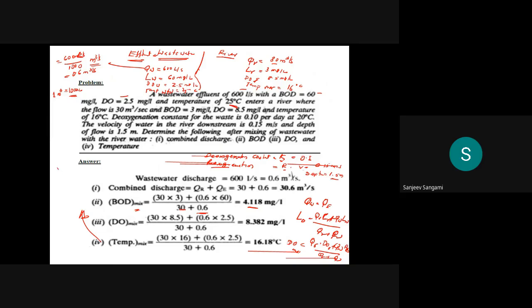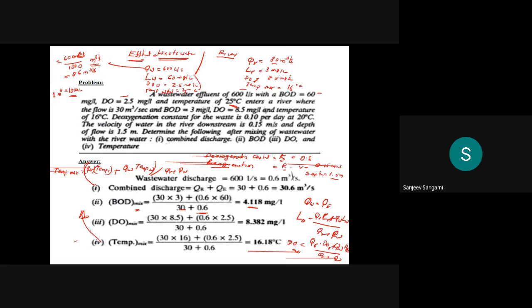So temperature of the mix is equal to QR into temperature of the river plus QW into temperature of the wastewater, whole divided by QR plus QW. So then we'll get the combined temperature.